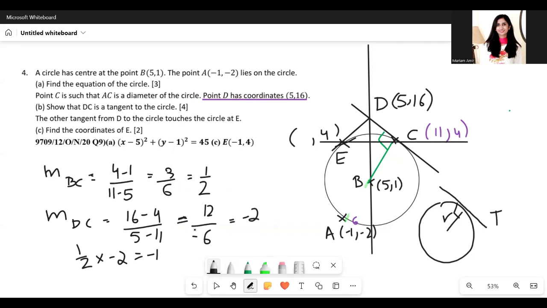Now we need the x coordinate of E. So I'm going to use movement again. To go from C, we move from 11 to 5. So how many units to the left? 6 units to the left. And now move this 6 units to the left as well. So 5 goes 6 left, so that's -1. So the coordinates of E are (-1, 4).